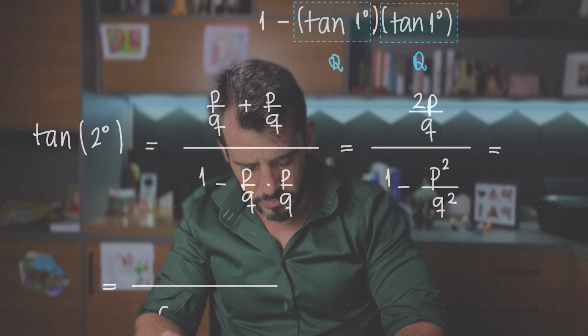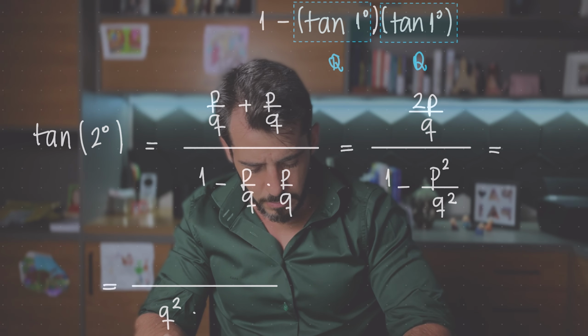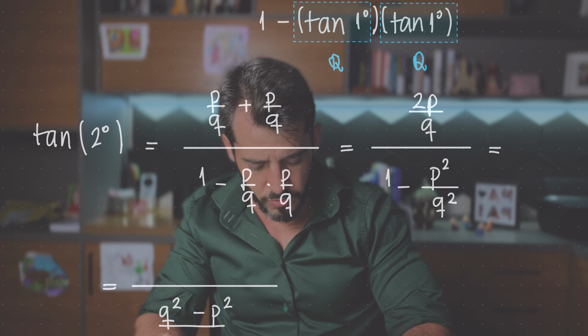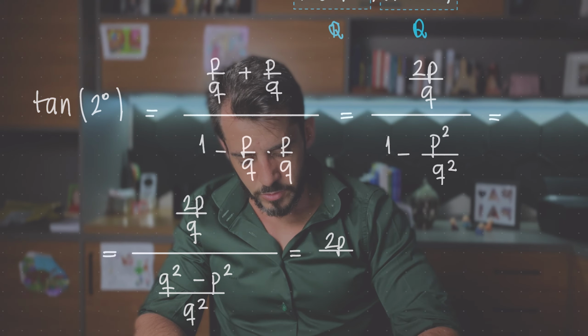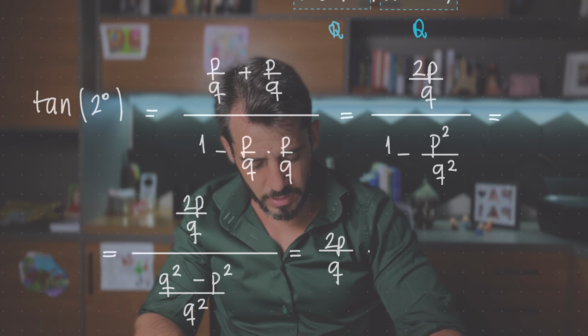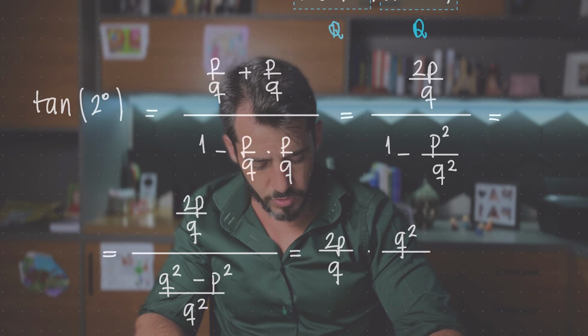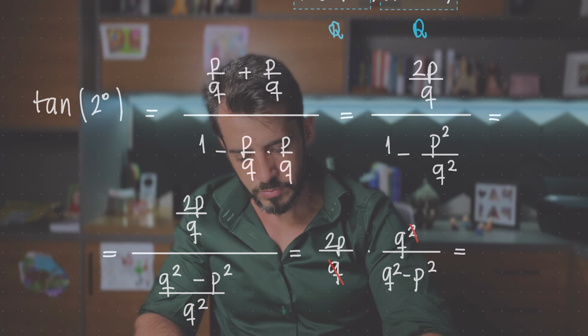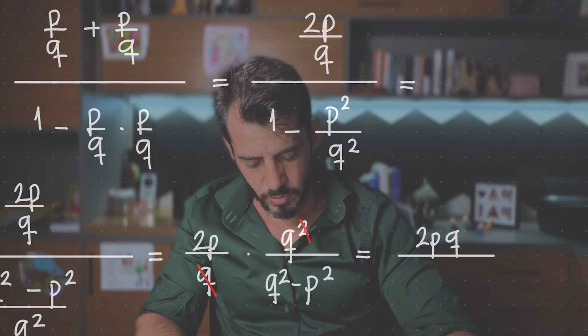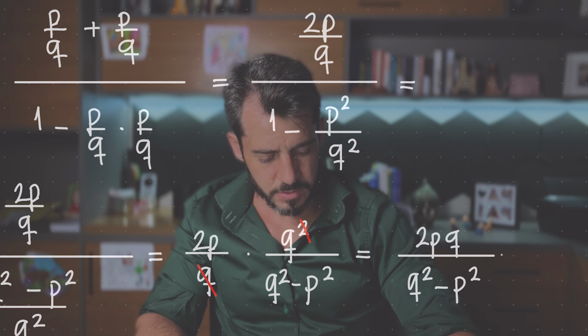Now we have in the denominator q squared minus p squared over q squared, and in the numerator 2p over q. So we have 2p over q times q squared over q squared minus p squared. We can simplify these q's and we get 2pq over q squared minus p squared.